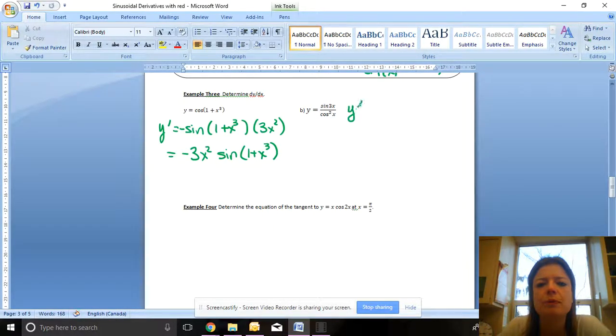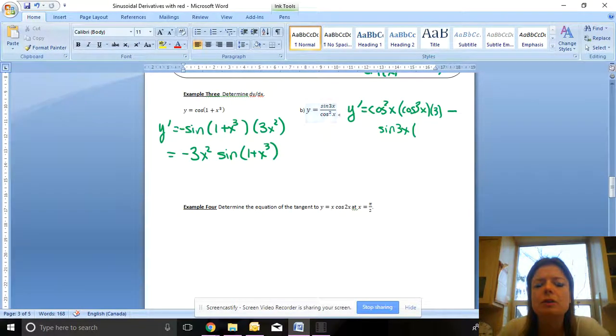So when we do y prime, you can do it below. I just want to make sure I have enough room. You think about the bottom times the derivative of the top. So the top is cos 3x times 3. Okay, so now we do minus the top times the derivative of the bottom.